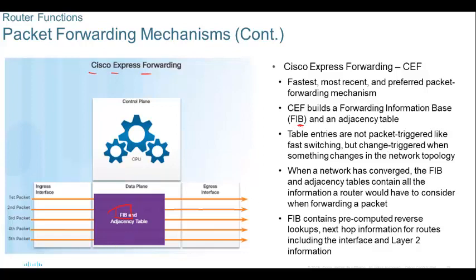So Cisco routers are faster because they maintain the control plane information right in the data plane itself, so that you can avoid looking into the control plane every time. So this is faster, right?